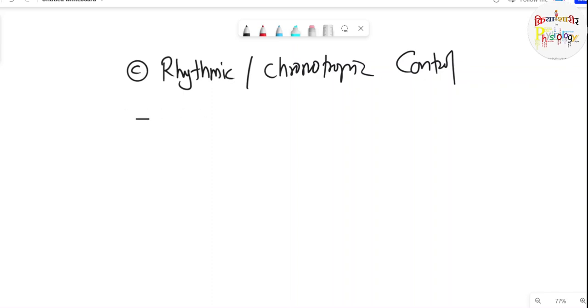Okay, in our body during normal physiology there are various biological phenomena which are occurring continuously in our body in a rhythmic pattern, in a chronotropic pattern.